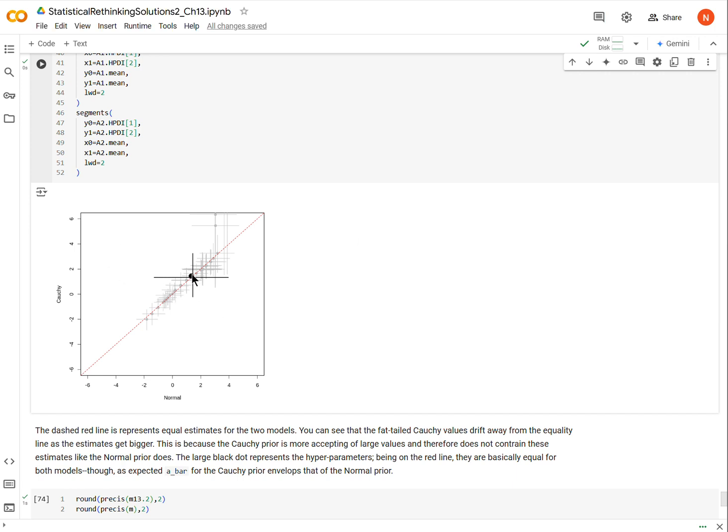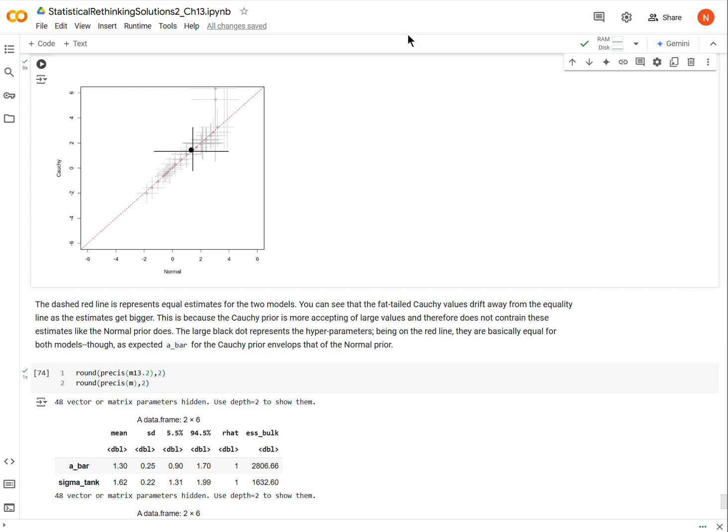Now this big black dot here represents the mean tank, or mean of tanks, and the probability interval for both models here. Okay. So you can see that the mean tank or whatever lies more or less on this red line.